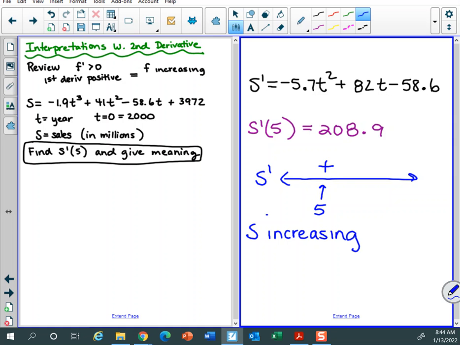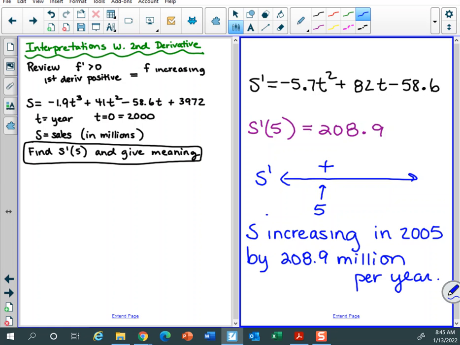So S is increasing in 2005 by 208.9 million per year.